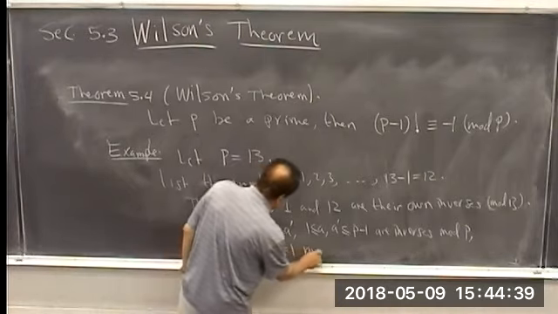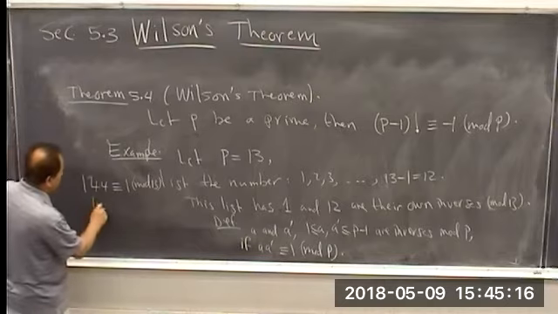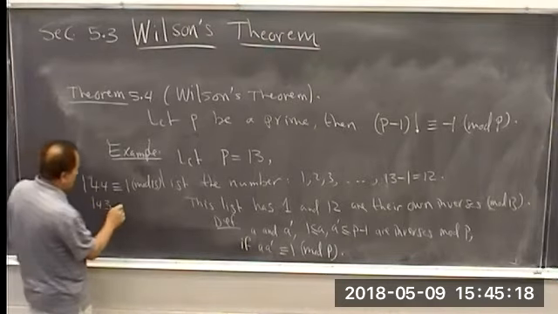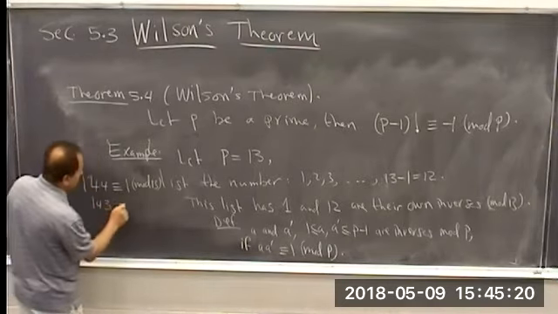So now we can check this, of course. We proved this in the lemma: 1 squared is congruent to 1 mod 13, and 12 squared, which is 144. Is this congruent to 1 mod 13 or not? So this is 143, and 143 actually is divisible by 13.